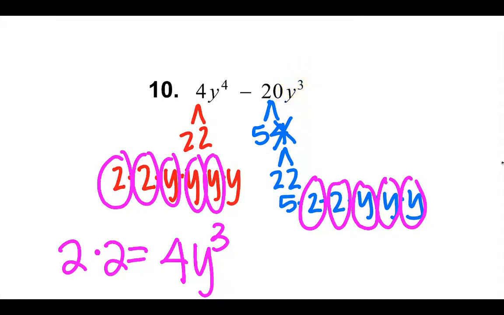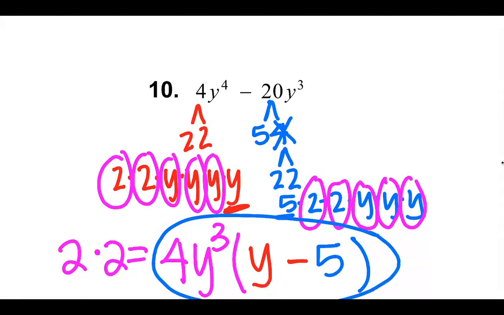So the outside piece is 4y to the third power. The inside is what's left. Over here, I just have a y hanging out, so y is left over here. Minus, there's a minus sign in between this time, minus the blue leftover pieces, and the only thing left over in blue is 5 hanging out over here.